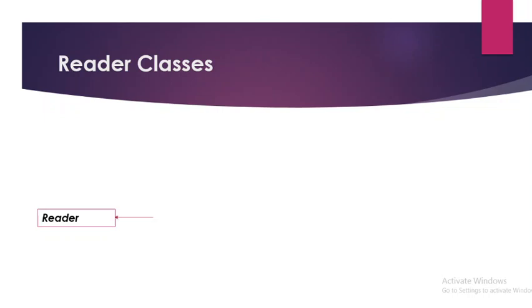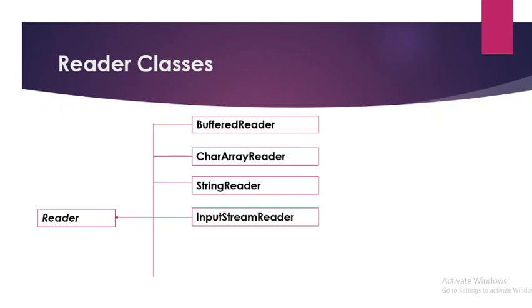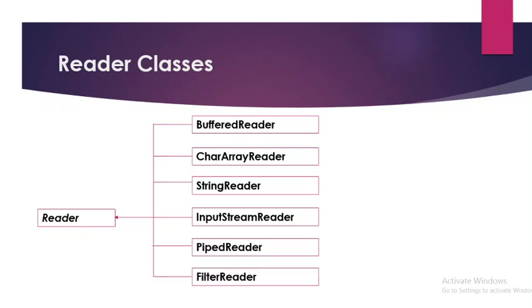From this Reader class a number of subclasses are derived, and these are BufferedReader, CharArrayReader, StringReader, InputStreamReader, PipedReader, and FilterReader. There are further next level derived classes also, so we call it a hierarchy.